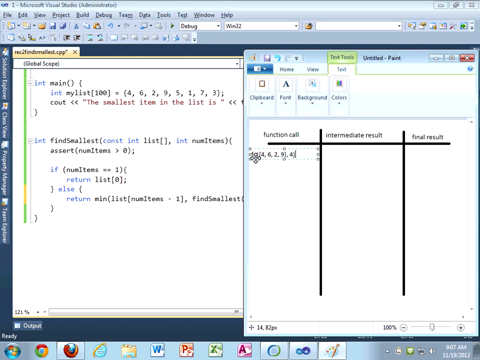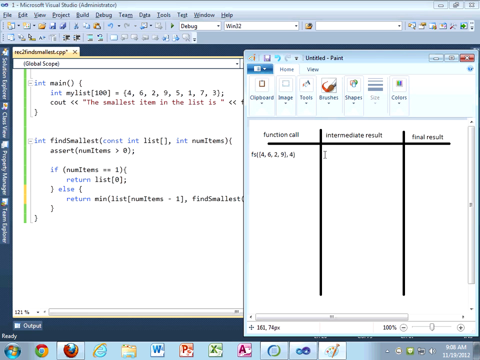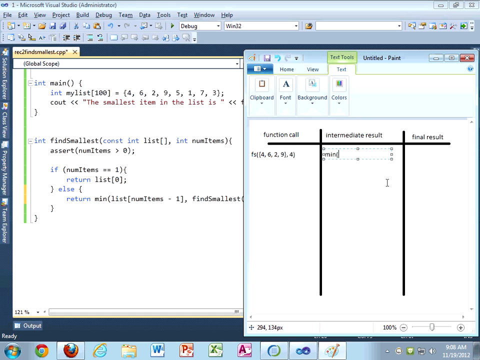Okay, so if I call my function find smallest with these arguments, what's going to happen? Num items is not 1, so I'm going to do the recursive case, min of min of list of num items minus 1, which is what? 9.